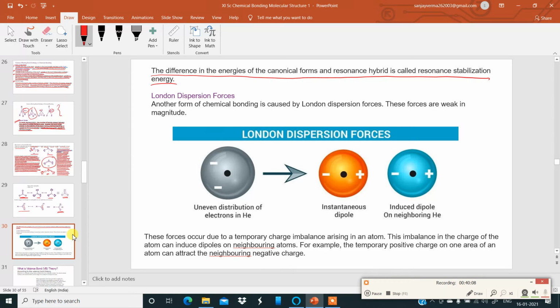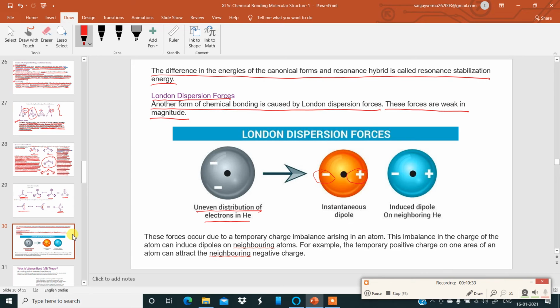Now coming to London dispersion forces. Another form of chemical bonding is caused by London dispersion forces. These forces are weak in nature. Okay. So here you can see there is uneven distribution of electrons in helium. Now what happens because of this uneven distribution? A dipole is formed, two poles, a negative pole over here and a positive pole.